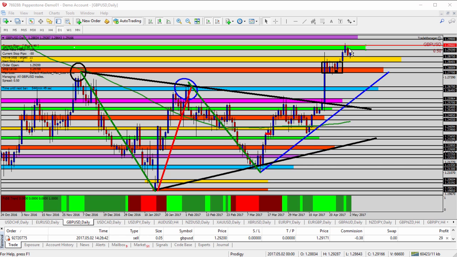We saw this infusion of sell orders, and I often talk about this in the live trade room, that if we're looking to go short, even within an uptrend, we want to see some evidence of selling pressure. We want to see some evidence that there are even sellers interested in this currency pair. Now, I know we have been in an uptrend for quite a long time, so the first thing I would say is buying this currency pair at the top of the uptrend becomes a little bit difficult.